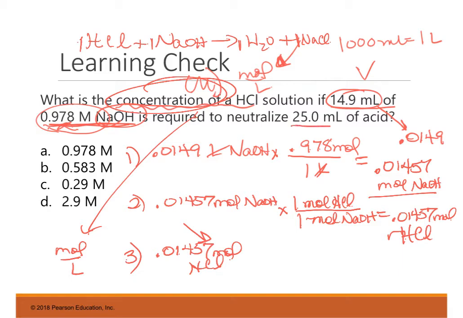So there's 25 milliliters of the HCl acid. I'm going to go ahead and convert that to liters, because that's what molarity is, moles per liter.